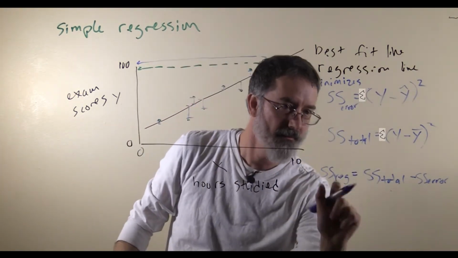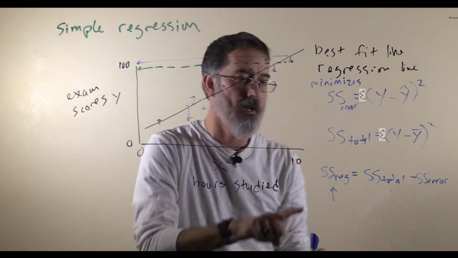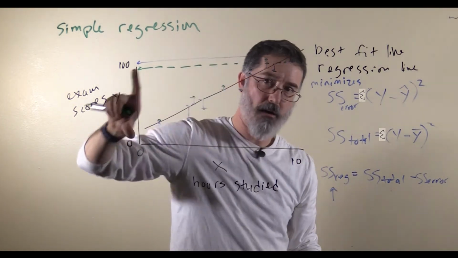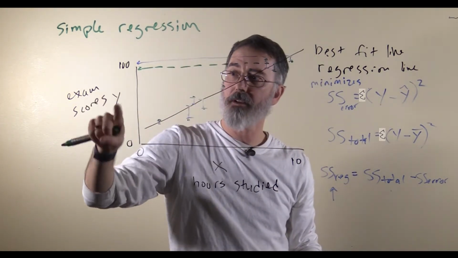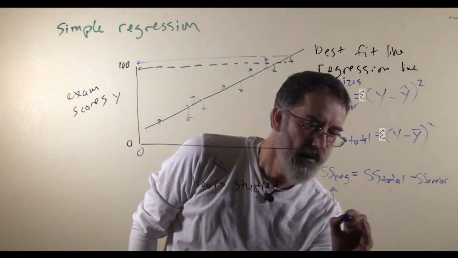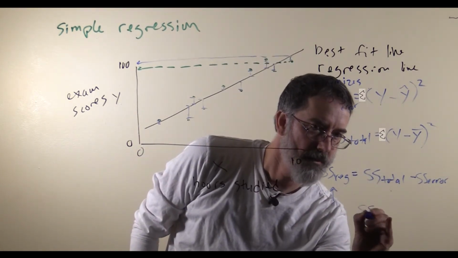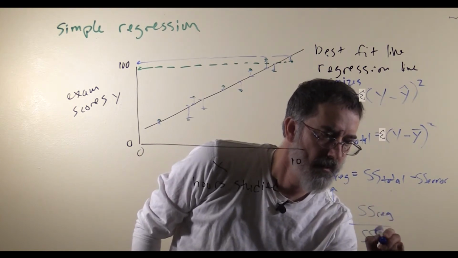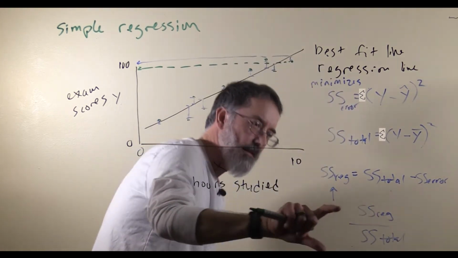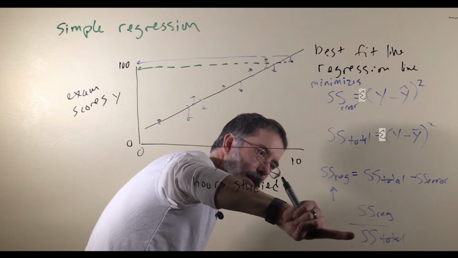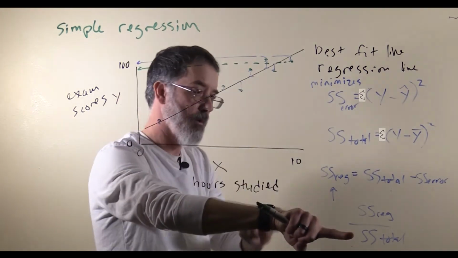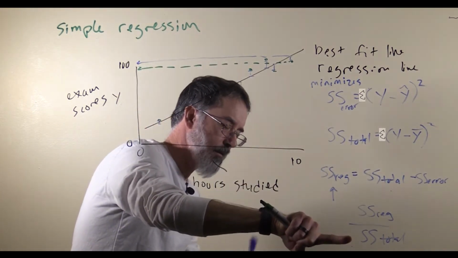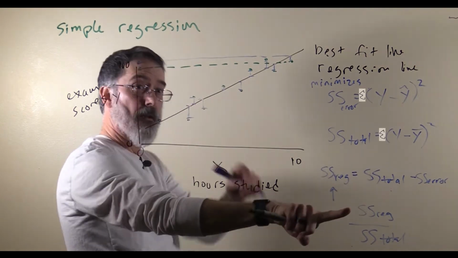So this will tell us how much our regression explains the variation in y. And if we calculate the sums of squares regression divided by the sums of squares total, this is how much of all the variation that exists in the outcome variable, what percent or proportion of it, is explained by the line.